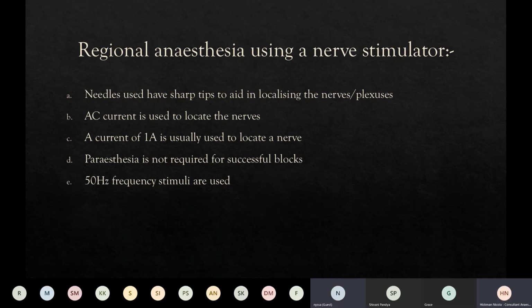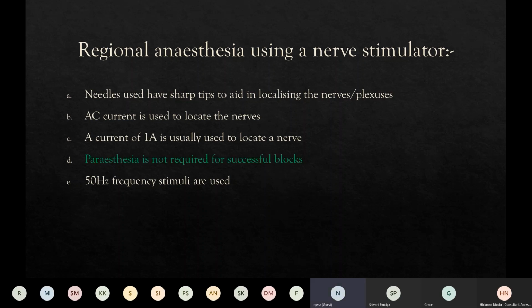Okay, so just an SBA about nerve stimulators. Cool.